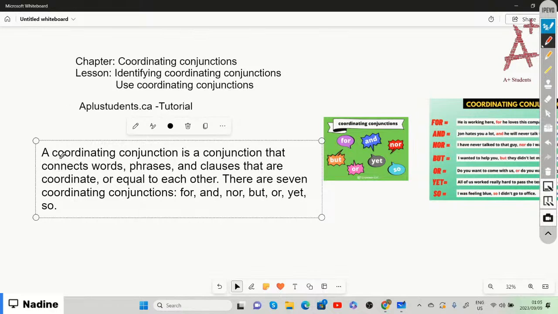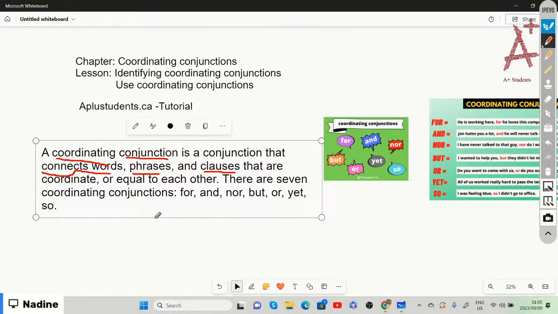So a coordinating conjunction is a word that connects words, or we call it a connecting word. It connects words, it connects phrases, and it also connects clauses that are equal to each other.